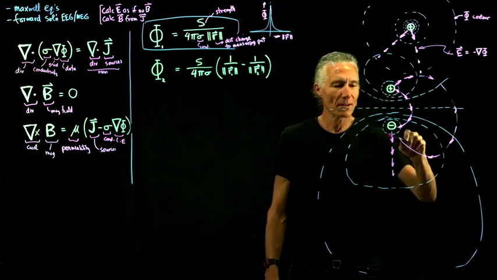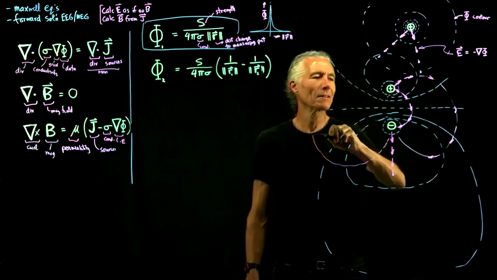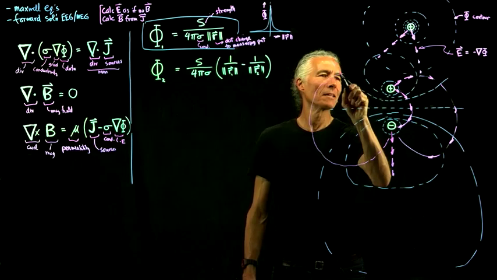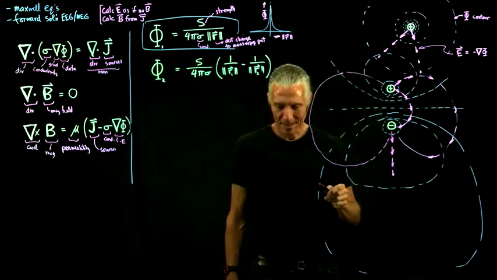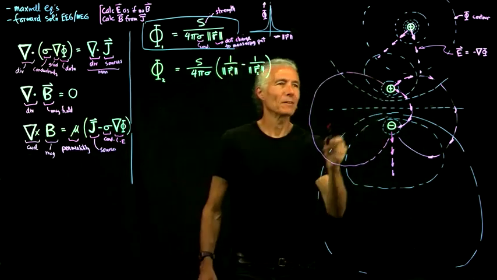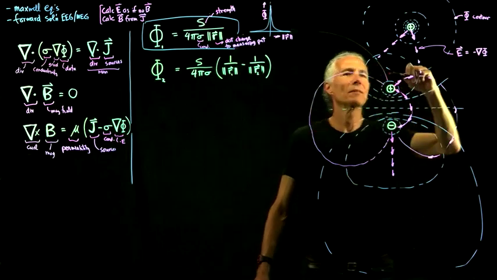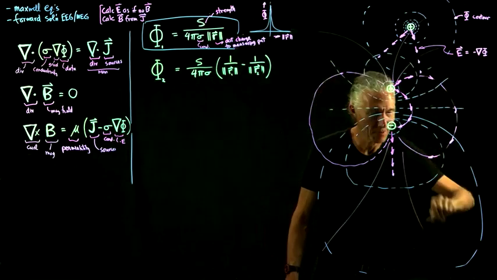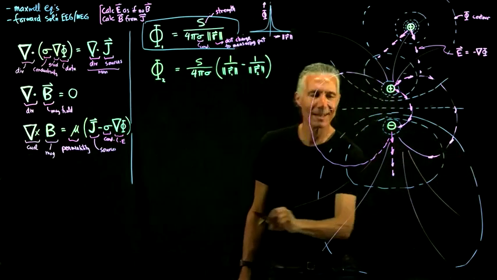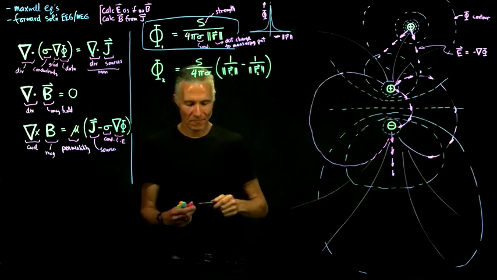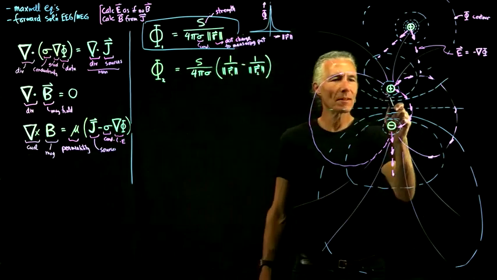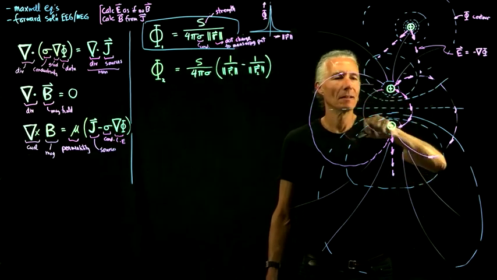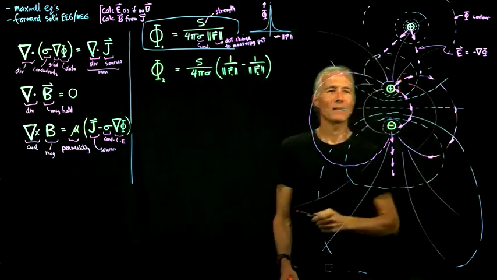So now you can see you've got this more complicated structure, and then they'll sort of come off in directions like that. So how can we summarize that? So that's kind of a more complicated thing.